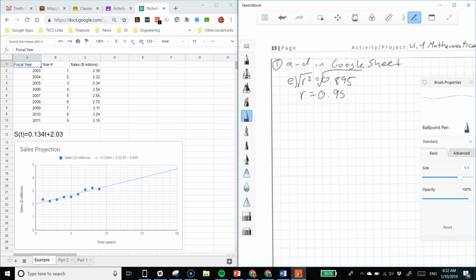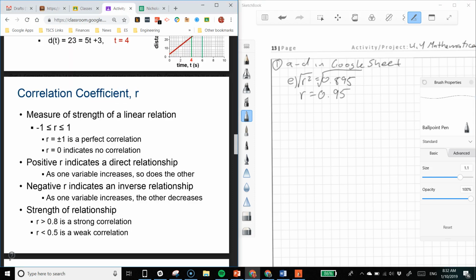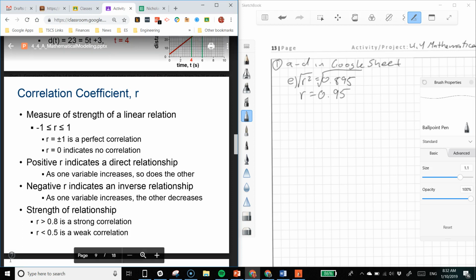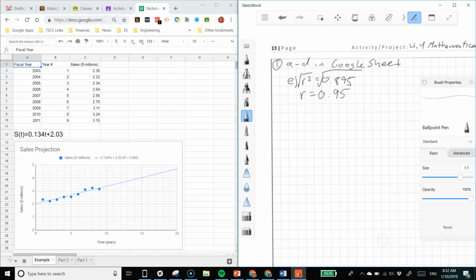I'm going to say 0.95. Referencing back to my thing, 0.95 is greater than 0.8. And so I'm going to say which is greater than 0.8. This means, therefore, strong correlation.